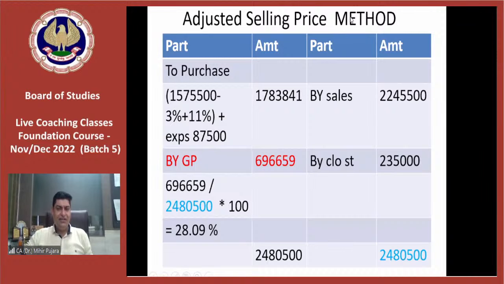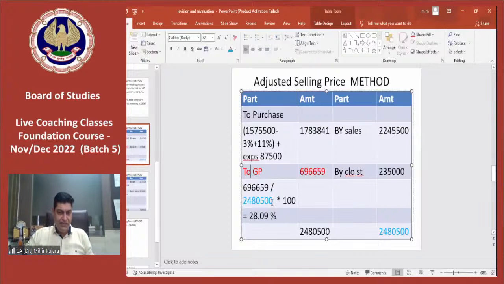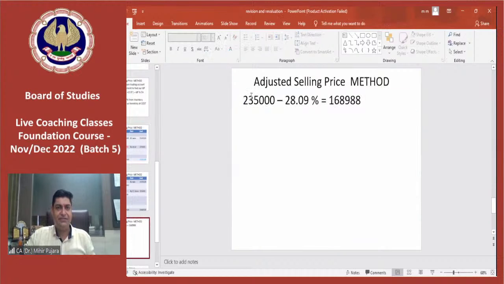Now, after this percentage, what are we supposed to do? Sir, we got GP percentage 28.09%. Okay, no problem. So we have to reduce it from this closing stock. From this 235 minus this percentage, like this, guys.